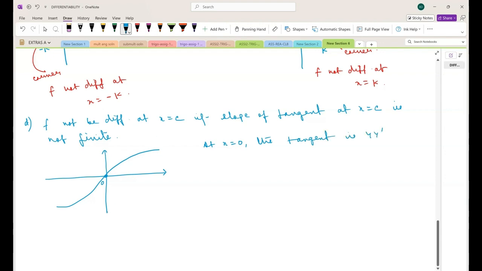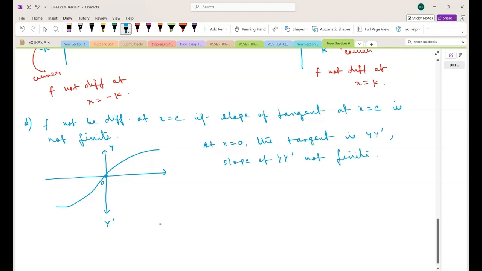That is the y-axis itself. And we all know that the slope of y dash is not finite, undefined.